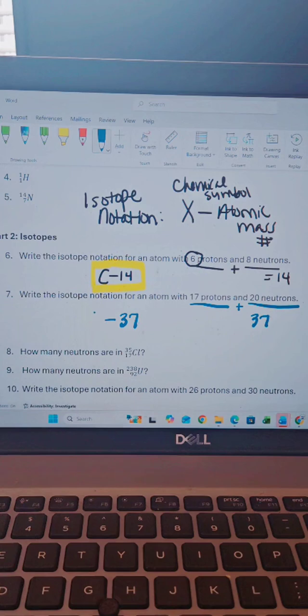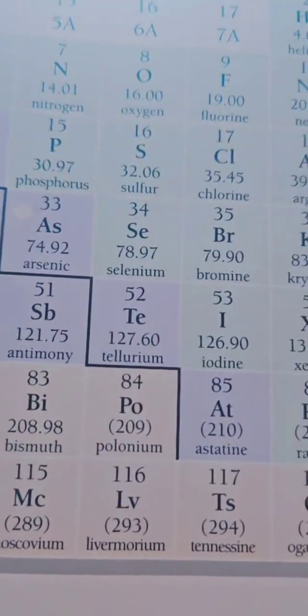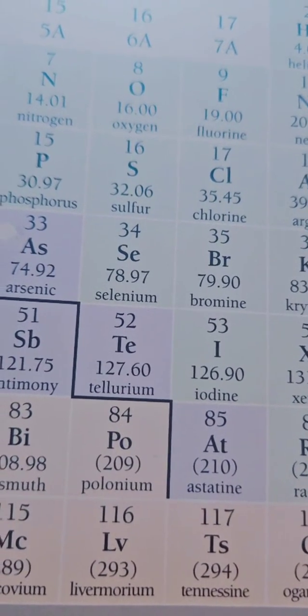To identify what the element is, to put in this box right here, I'm going to look on my periodic table for element 17. I'm going to let you all do this with me. What element here has 17 as the electrons and the protons?